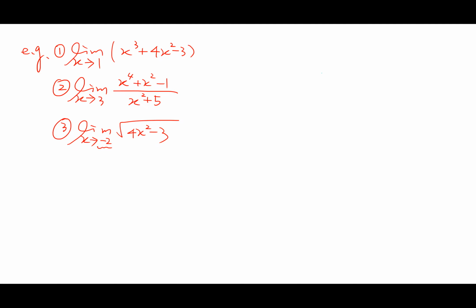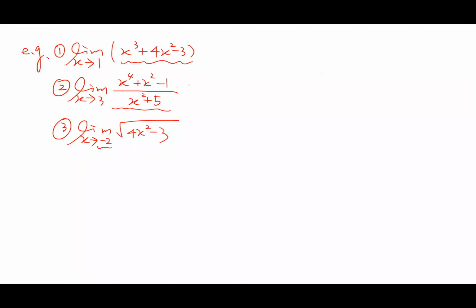So they are easy questions, right? But there are some little mistakes in the calculation. We can substitute one by one. Here we see some common functions: we call this kind a polynomial, and this kind a rational function.